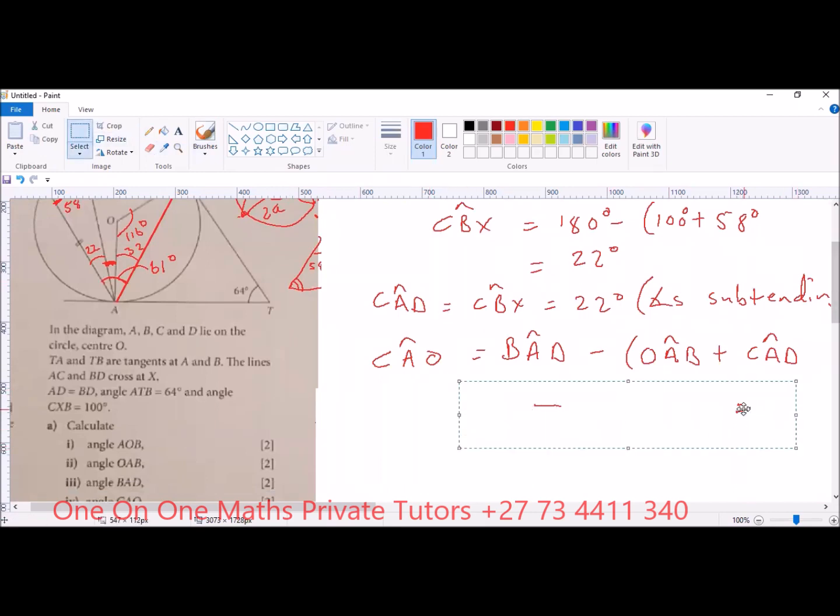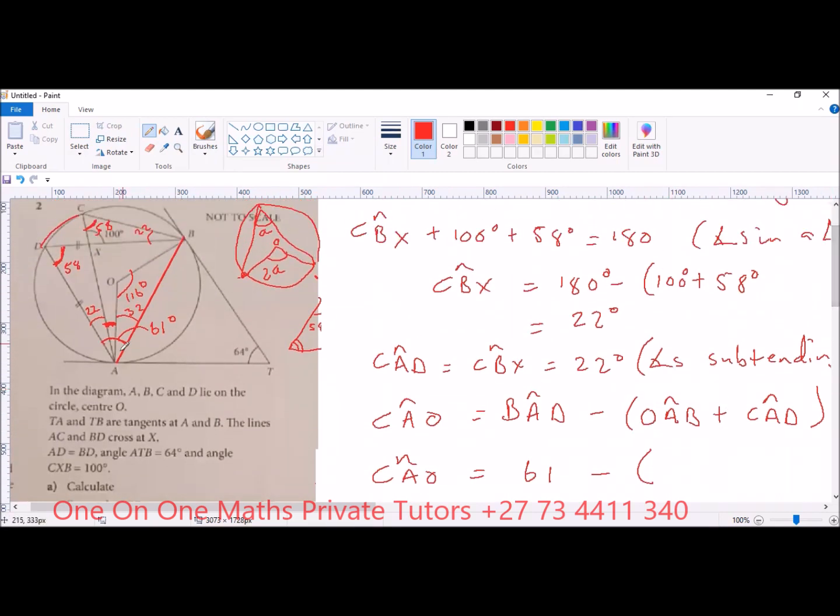This should have been given more marks. All right, let's carry on. CAO is equal to BAD, 61, minus OAB, which is 32, plus CAD, which is 22.